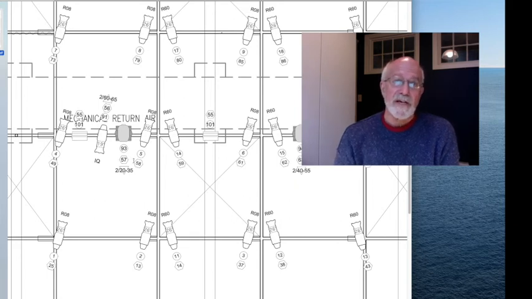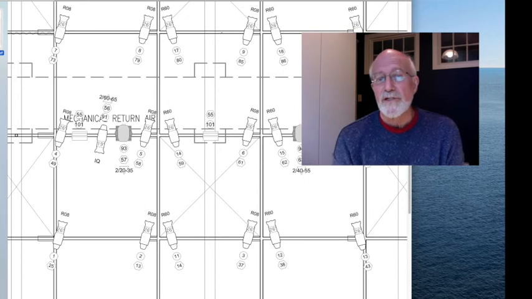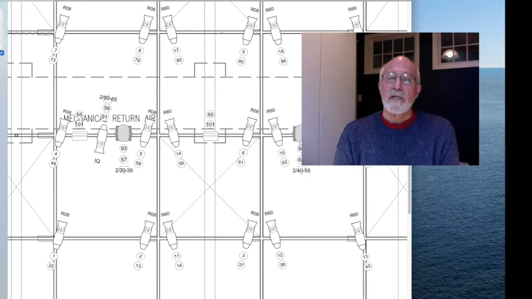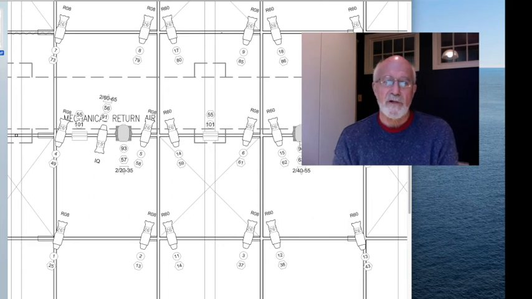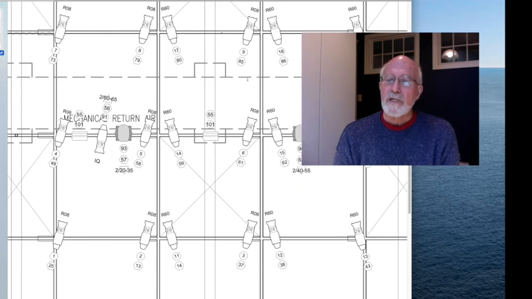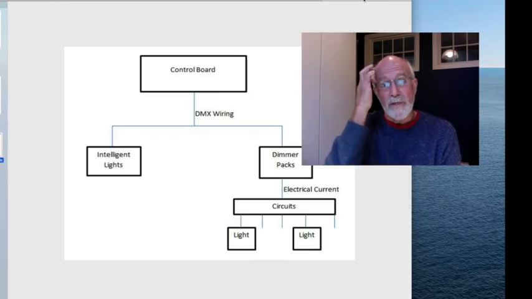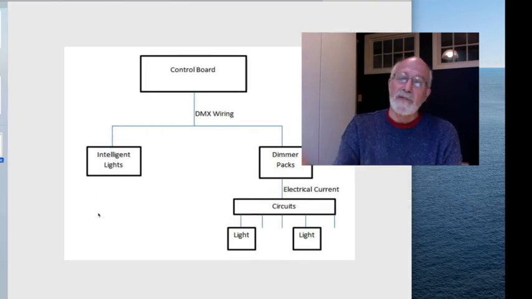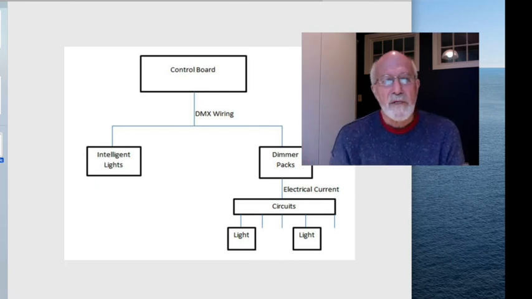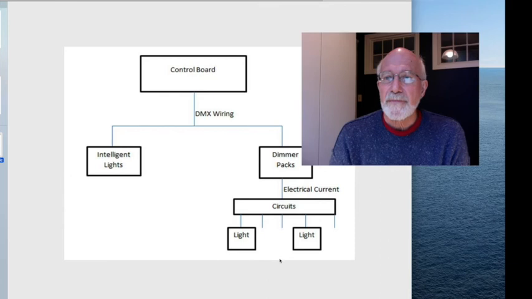The dimmers have been set to just supply power, which is one of the ways you can get constant power to these instruments, not always the best. And the actual control of the lighting instrument is bypassing the dimmer and coming directly from the console. So what do I mean about that?